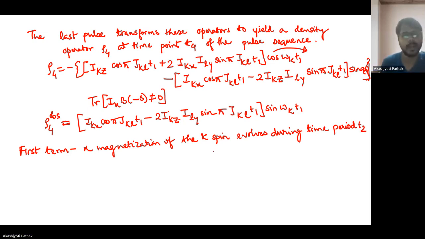T2. Right. This first term, what does it indicate? It represents the X magnetization of the K spin that evolves during the time period T2, and it has a frequency that is characteristic of the K spin.